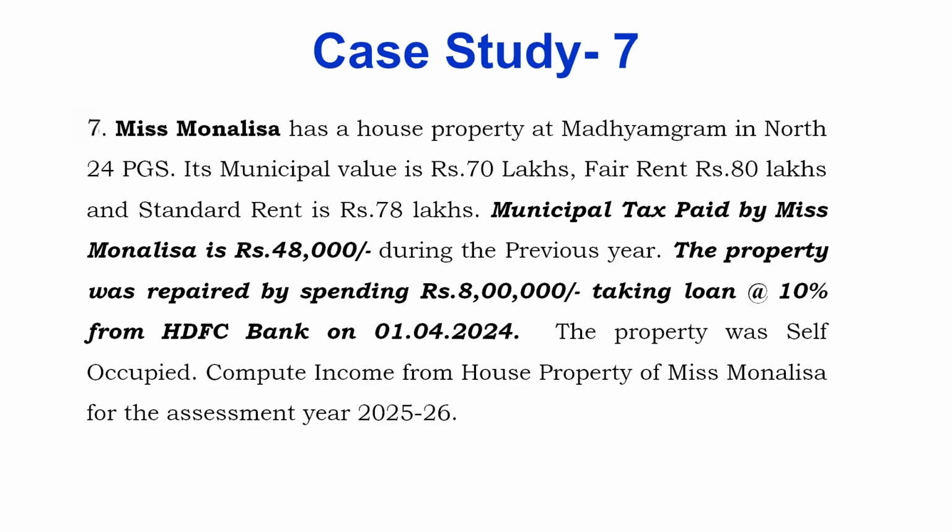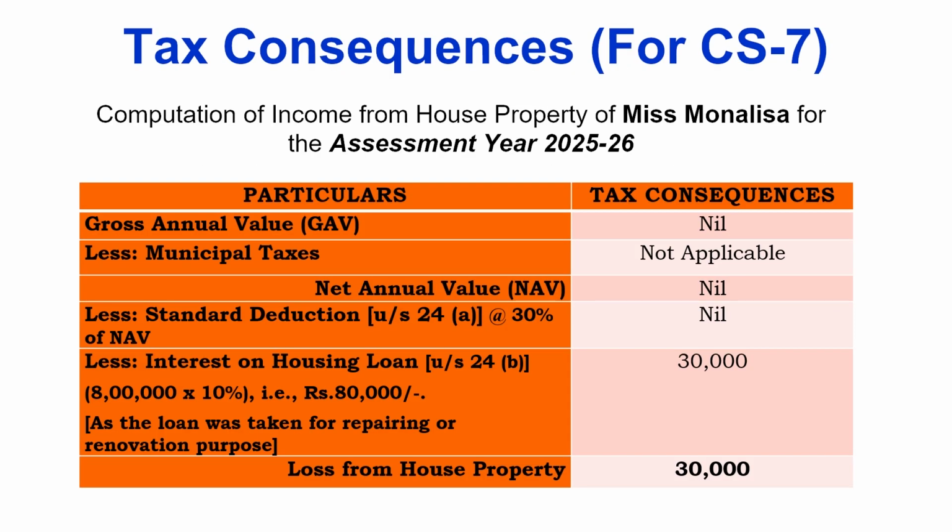The tax consequences are shown in the picture. Computation of income from house property of Miss Mona Lisa for the assessment year 2025-26. As we know, the gross annual value of self-occupied house properties up to two properties is nil.